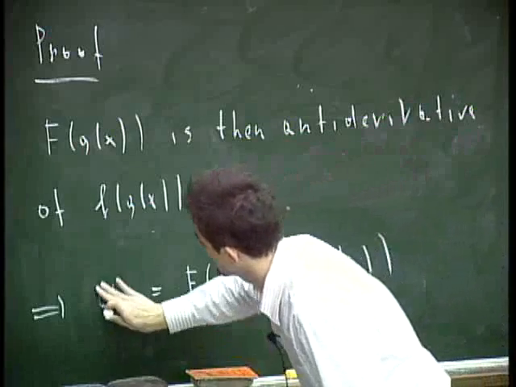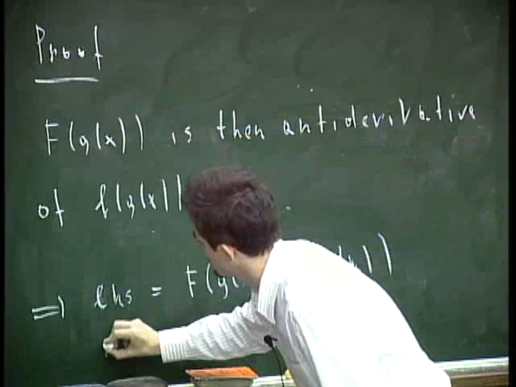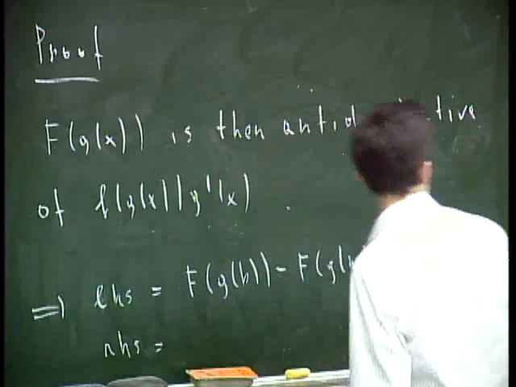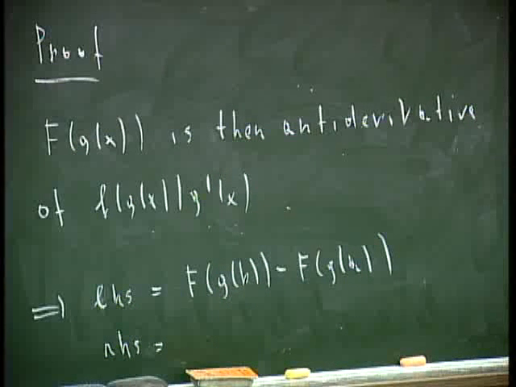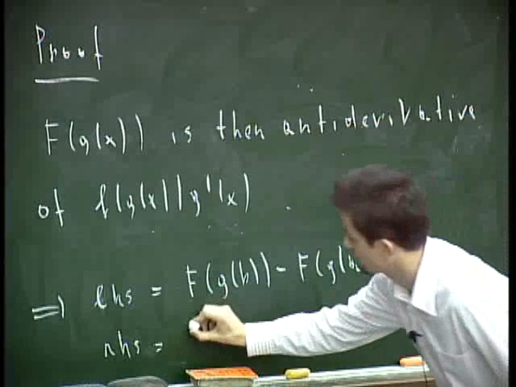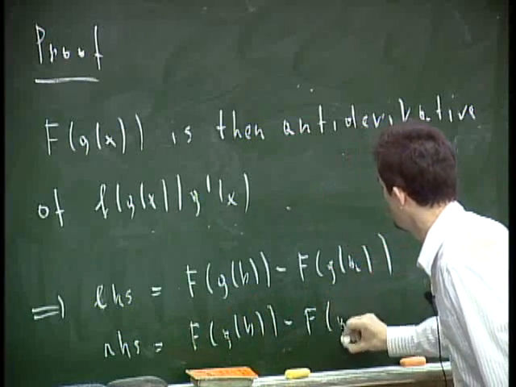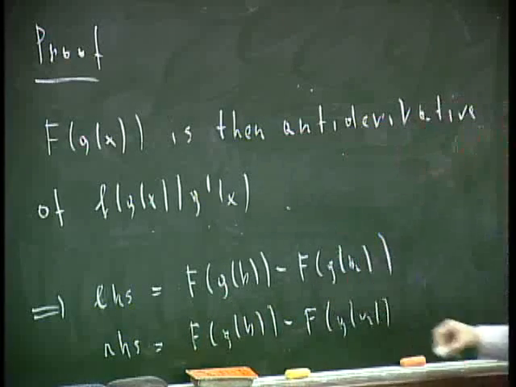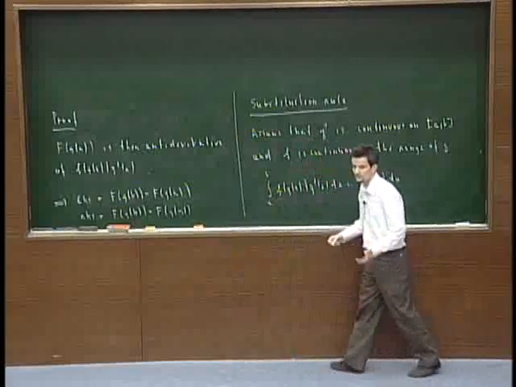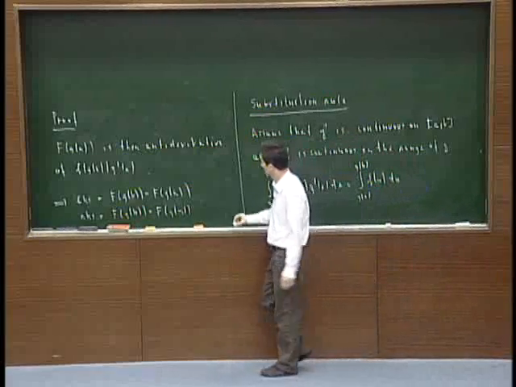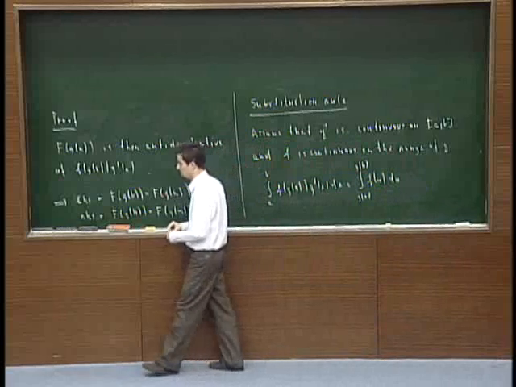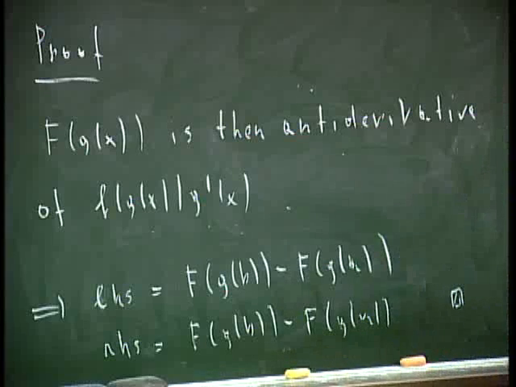The right-hand side, where capital F is the antiderivative of this one, is also F of g of b minus F of g of a. Because they are the same, those integrals are the same. So it's trivial. There shouldn't be a problem here.